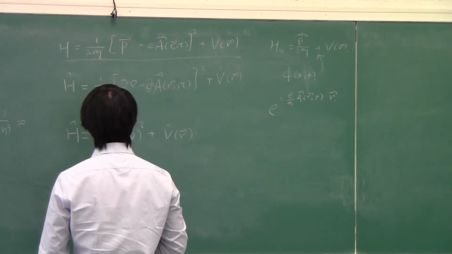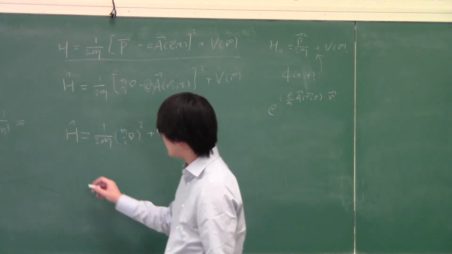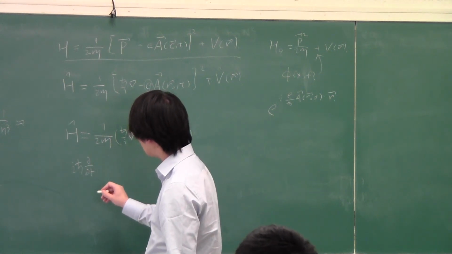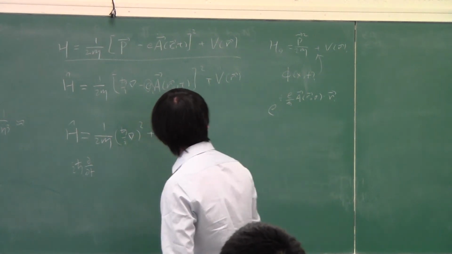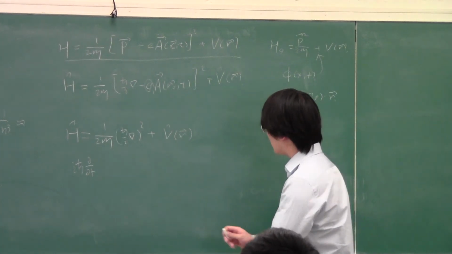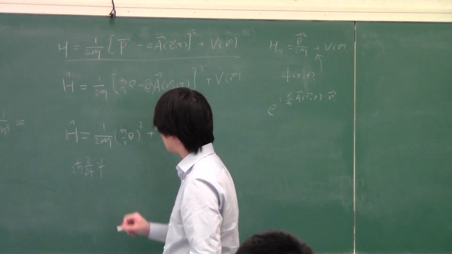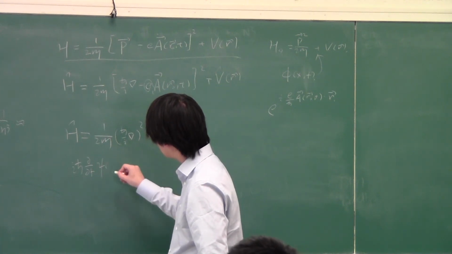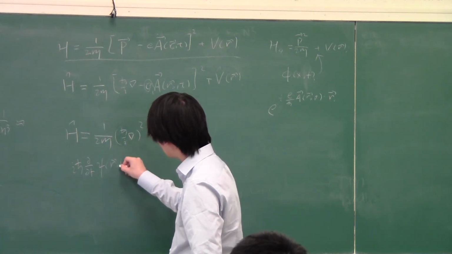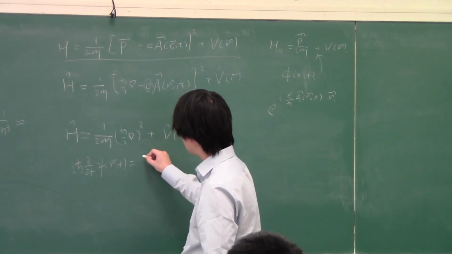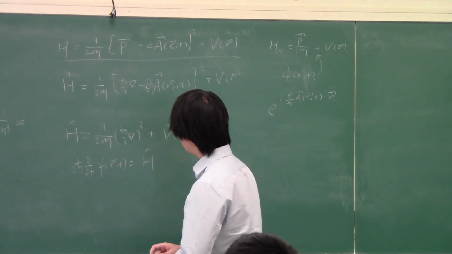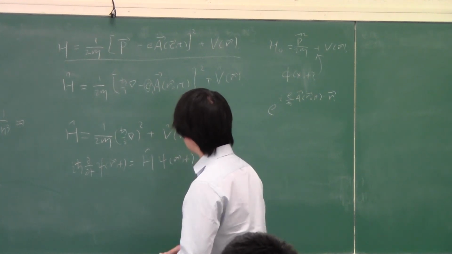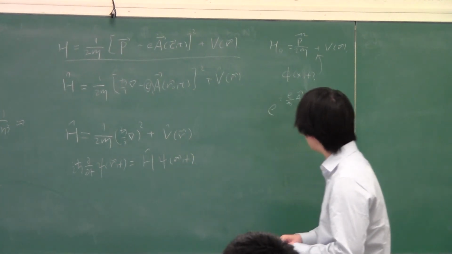So now, if I write down the Schrodinger equation, it would be that i h bar d/dt of, let me call this a new solution psi of R, t is equal to H of psi of R, t. Oh, wait. I made a mistake.